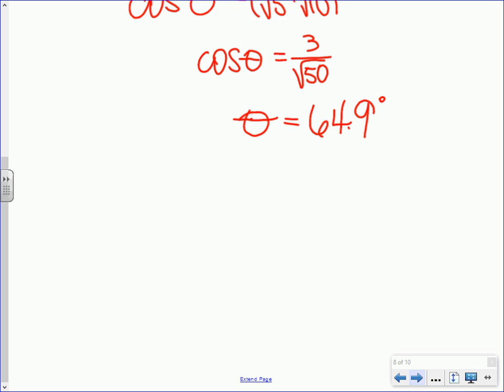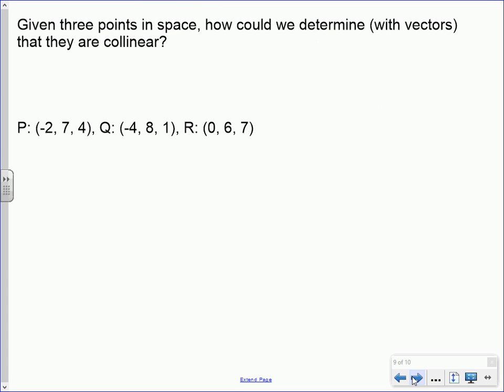Okay? So, here's a fun application of vectors. I have 3 coordinates here, and I want to determine if they're collinear. Now, we don't have 3-dimensional slope. If we were in 2 dimensions, we could find the slope between 2 points and the slope between the other 2 points and see if they're the same. With vectors, vectors can kind of be our slope, if you will.